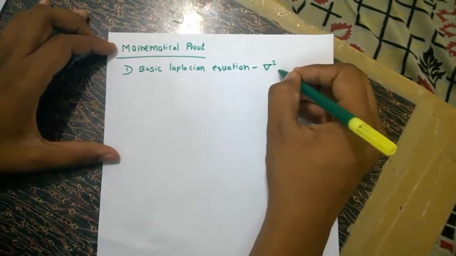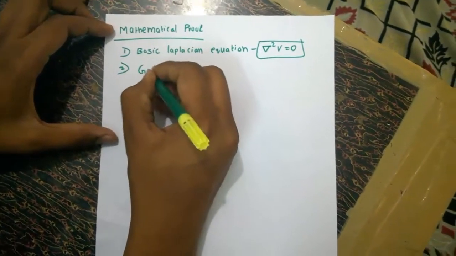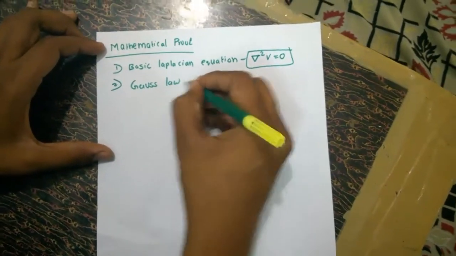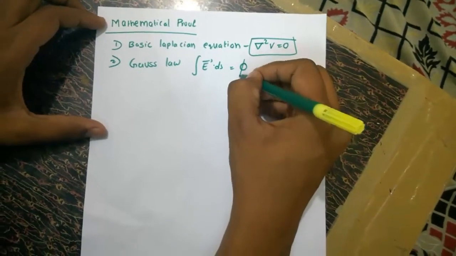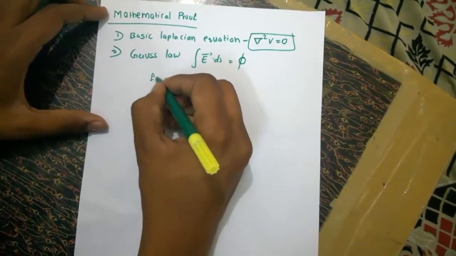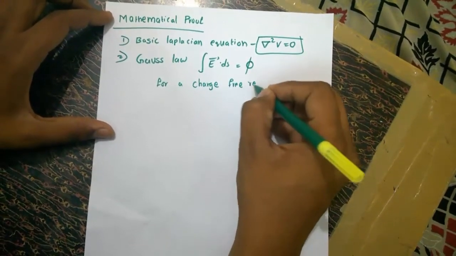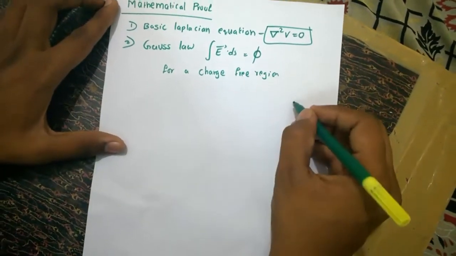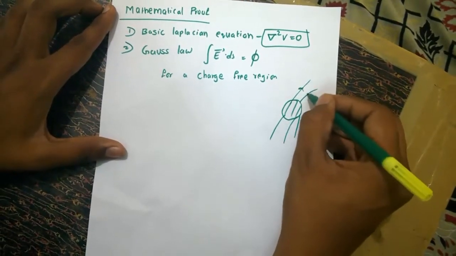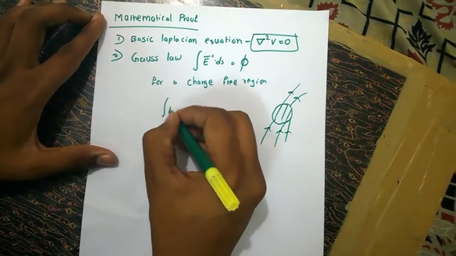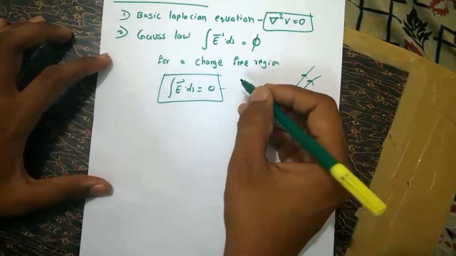This del square V is equal to 0, and Gauss law, E dot ds is equal to the flux for a charge-free region. Net flux entering is equal to net flux leaving. So E dot ds will be equal to 0. We will use this in our mathematical expression.